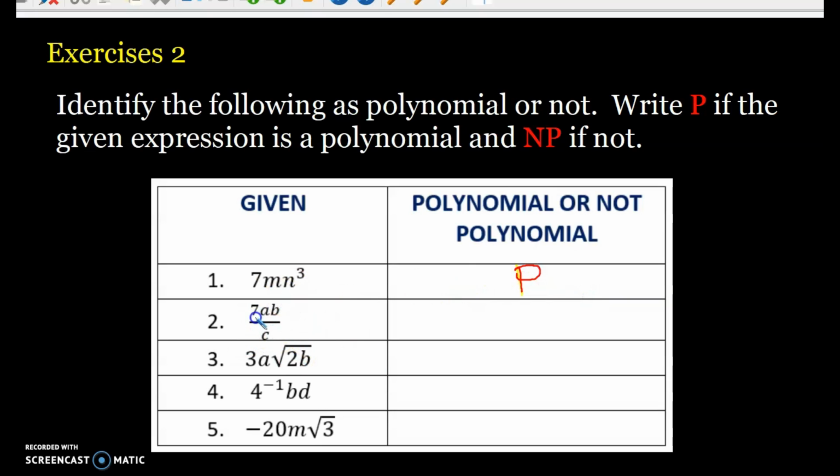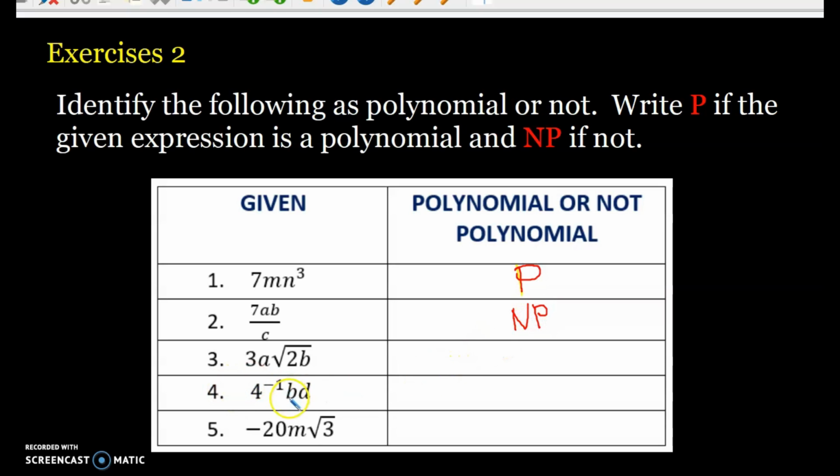Second, the given is 7ab all over c. So we have a fraction, and rule number 2 says that if there is a fraction, no variable must be found on the denominator. So this is the denominator, but then you have a c there. So it means that it's not a polynomial.